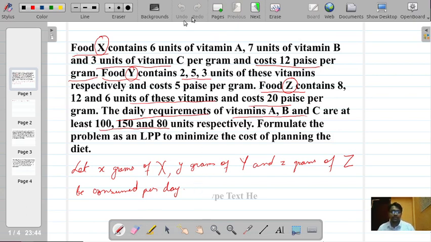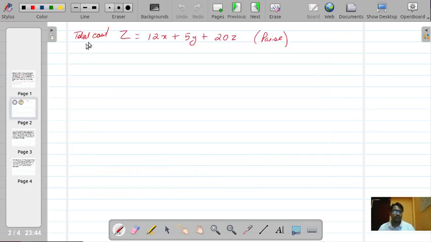So total units of vitamin A consumed will be equal to, the first one contains 6 units per gram, we are consuming x grams, so it is 6x.